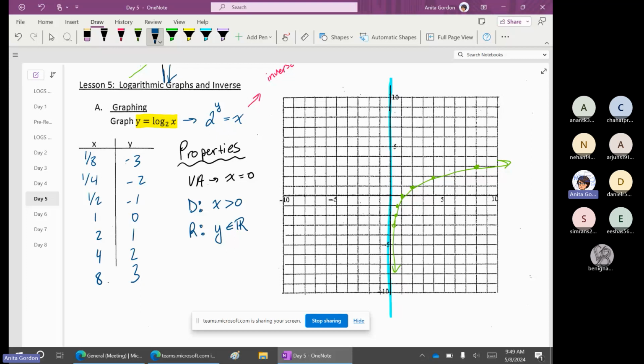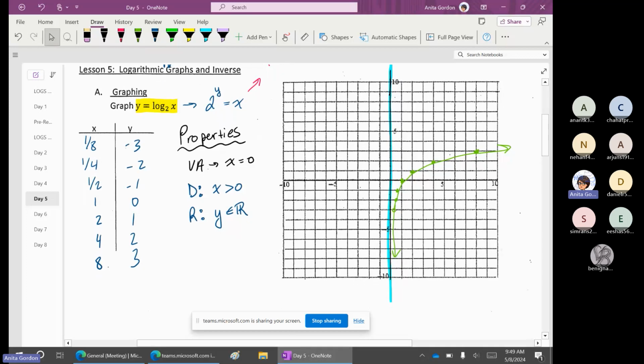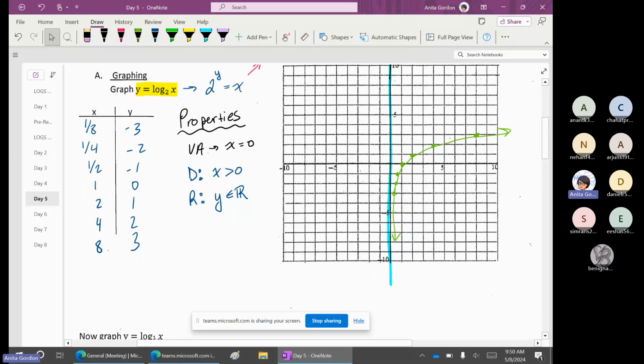So y is all reals, but x is restricted to being a positive number. And our intercept: we now have an x-intercept always at 1, 0. This is assuming that we don't have translations or transformations. When we start putting in expansions, reflections, and translations, then that x-intercept will change. But for a base logarithmic graph, these 4 things are true.